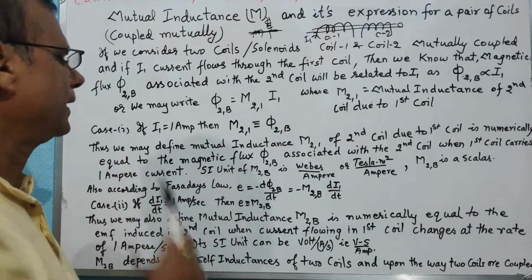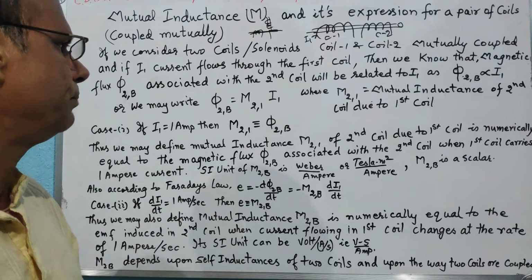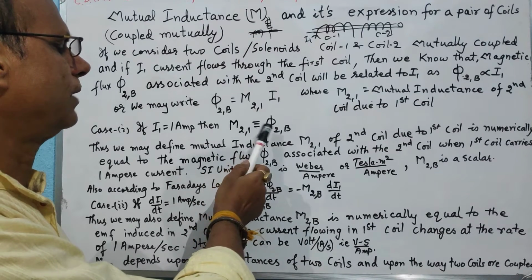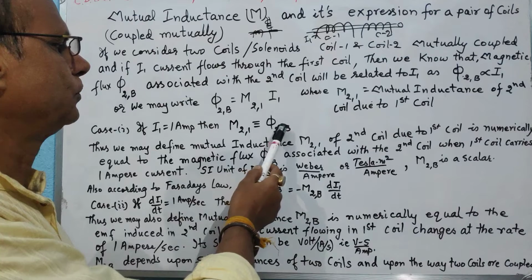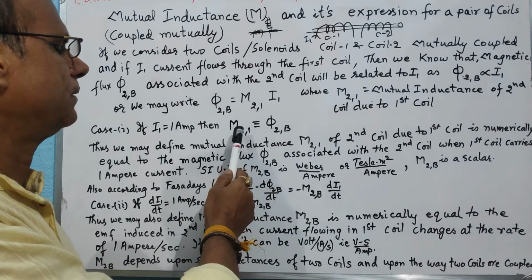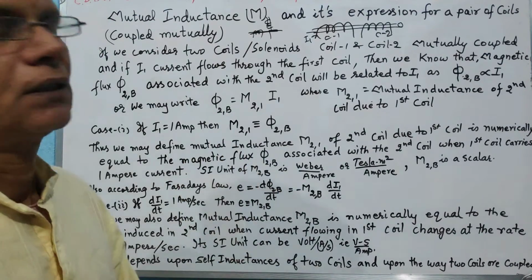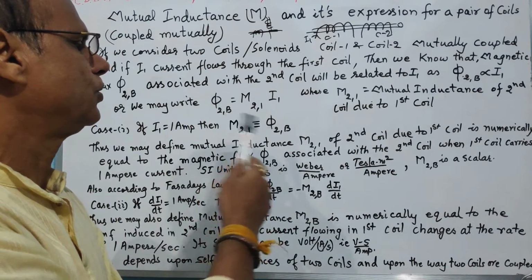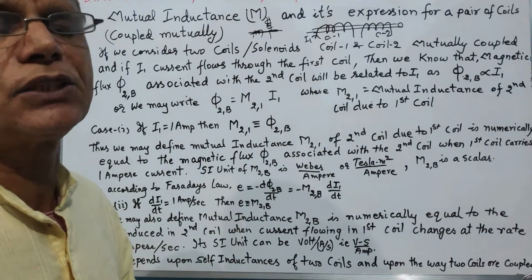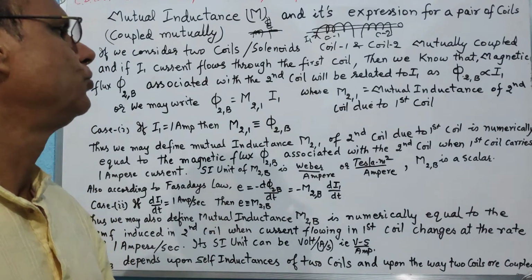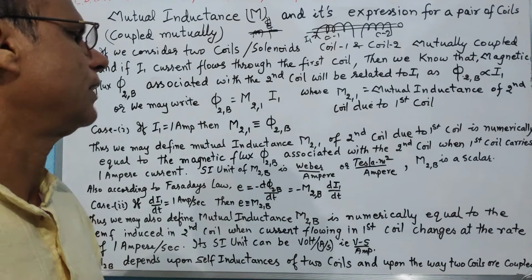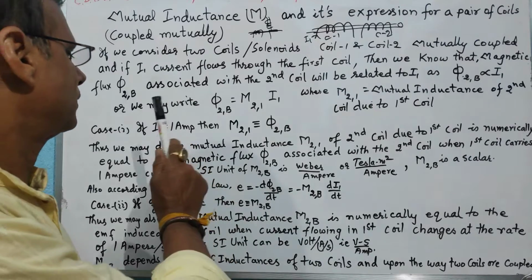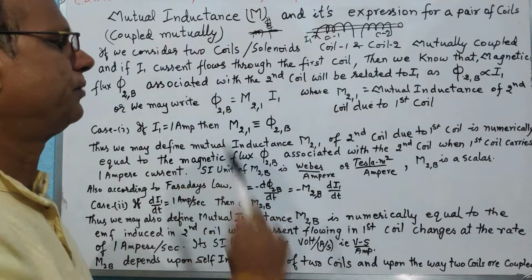Now if we take a case where I1 equals 1 ampere, then the mutual inductance of the second coil due to the first coil is equal to phi 2B. That means the mutual inductance of the second coil is numerically equal to the magnetic flux associated with the second coil when 1 ampere current flows through the first coil.